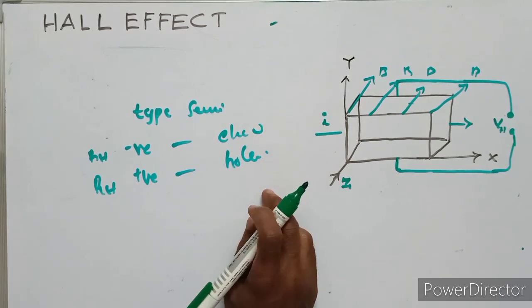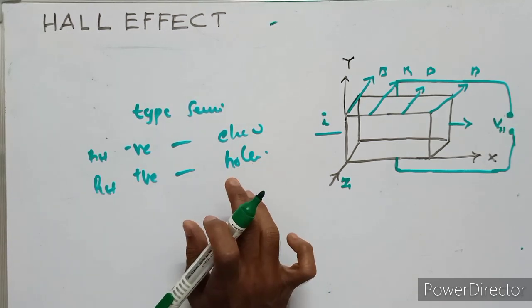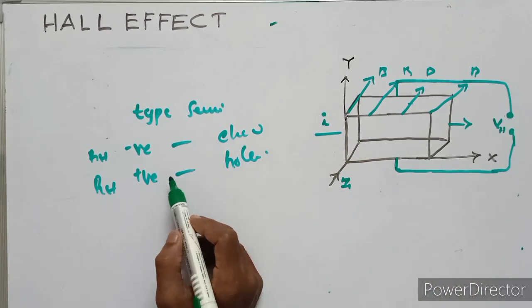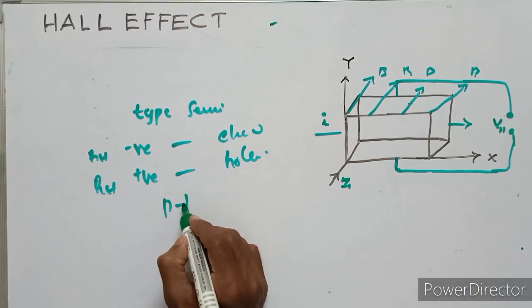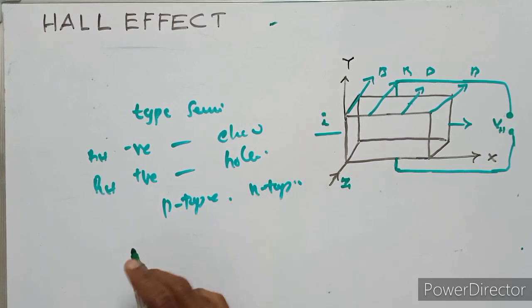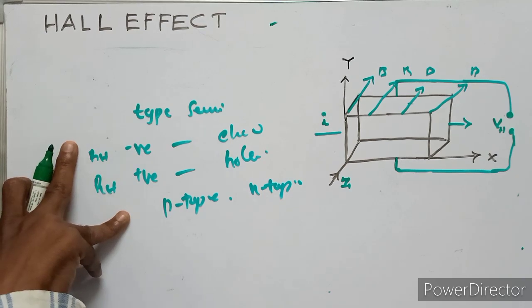From these two conditions, the semiconductor is either P type or N type. By knowing the direction of the Hall voltage, one can determine the P type or N type of semiconductor.